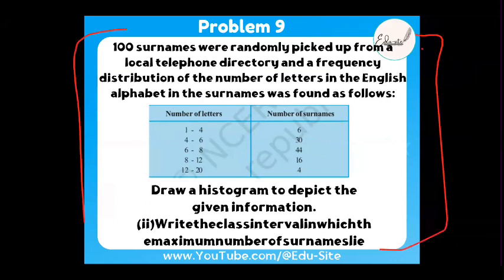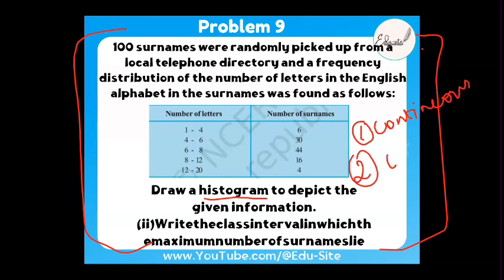This is a histogram based question. The first thing you have to check in a histogram is whether the class intervals are continuous or not. Is the class interval continuous here? Yes. The second thing is to see whether the width is varying or uniform.